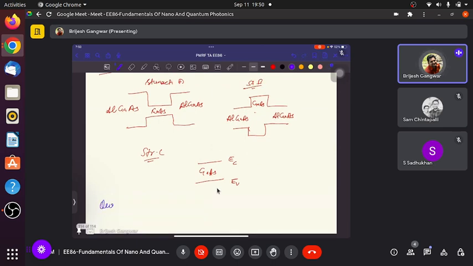So question 7 is referring to structure A, which of the following is true?